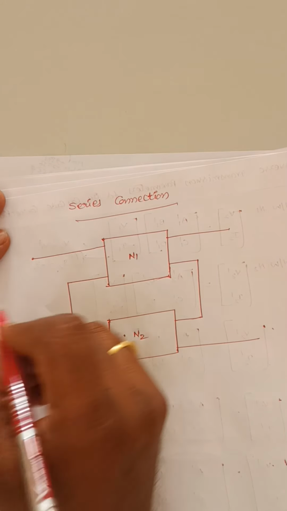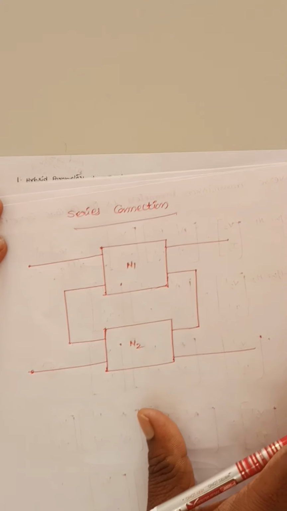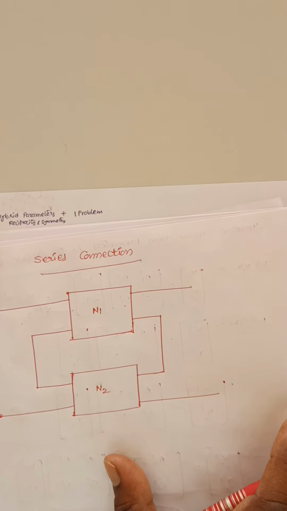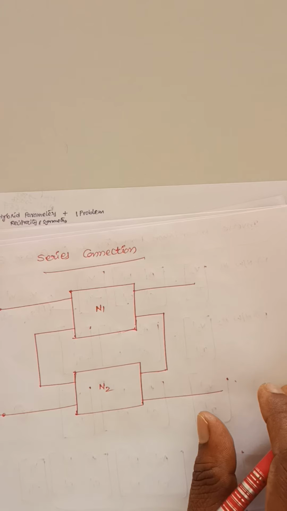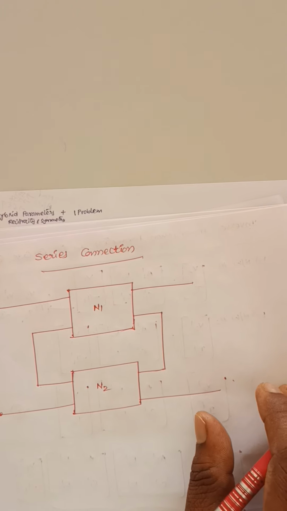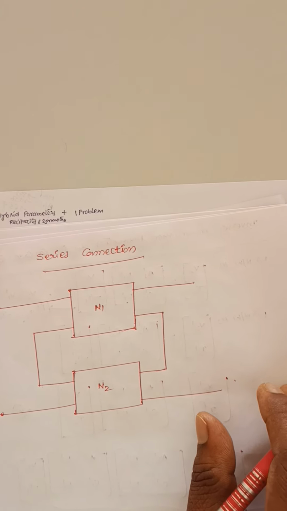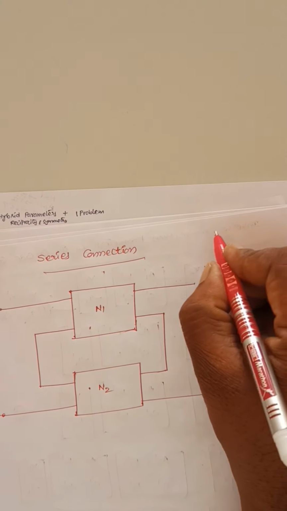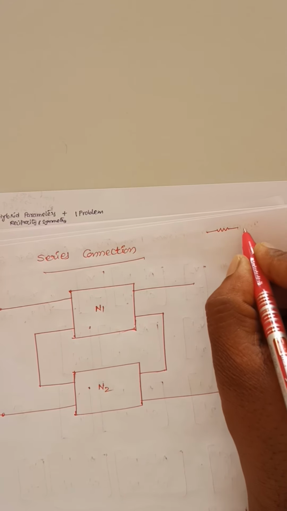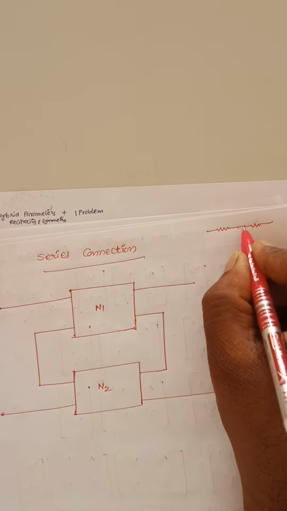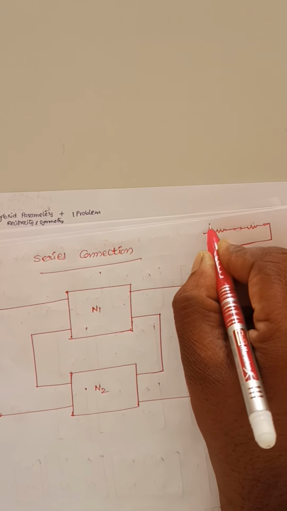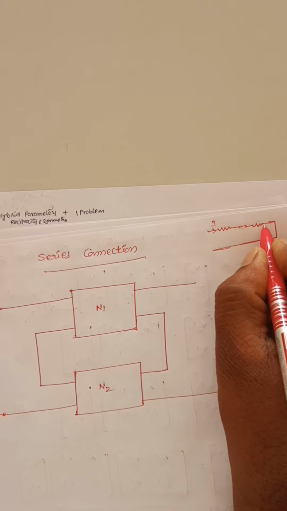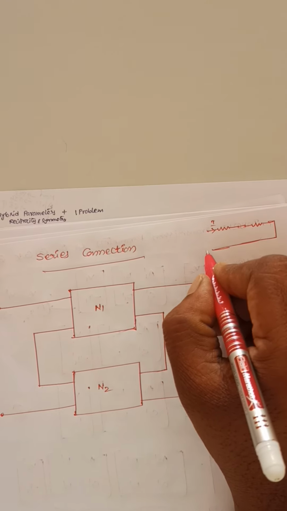In the case of a series connection, if you want to say two elements are connected in series, the currents should be the same in both elements and the voltages have to be divided. Suppose these two resistors are connected in series like this. Whatever current flows through this is I. The same current flows through this resistance.